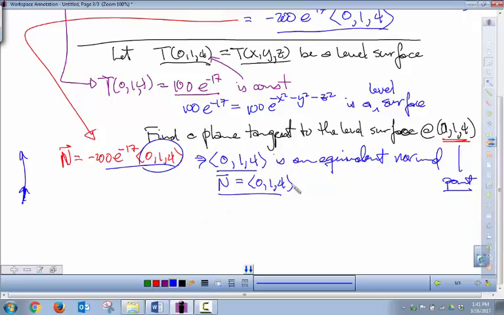And the formula says that it's just going to be 0 times x plus 1 times y plus 4 times z is equal to the dot product of the normal, (0, 1, 4), with the point.